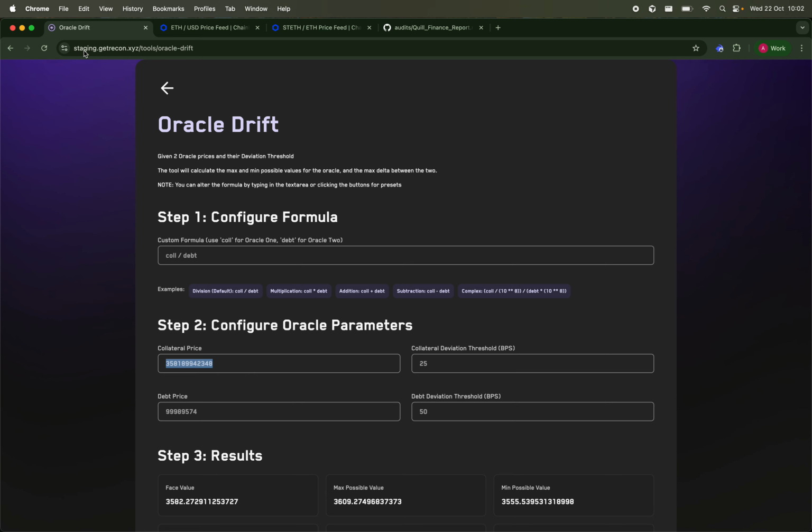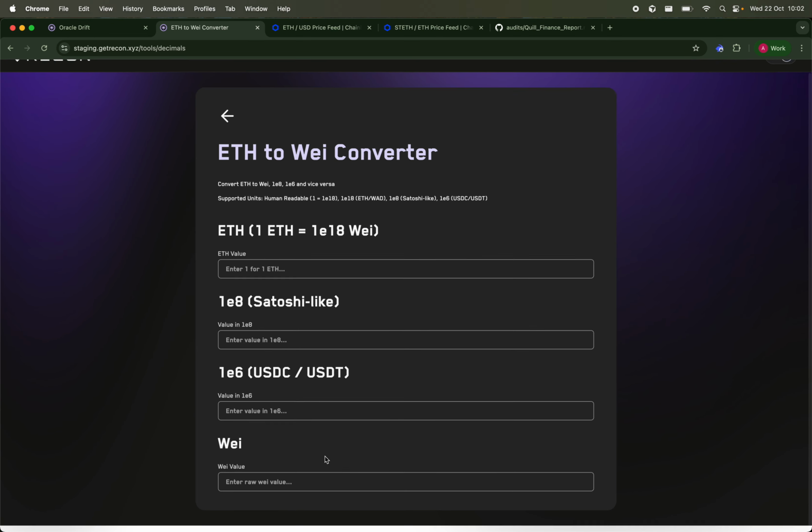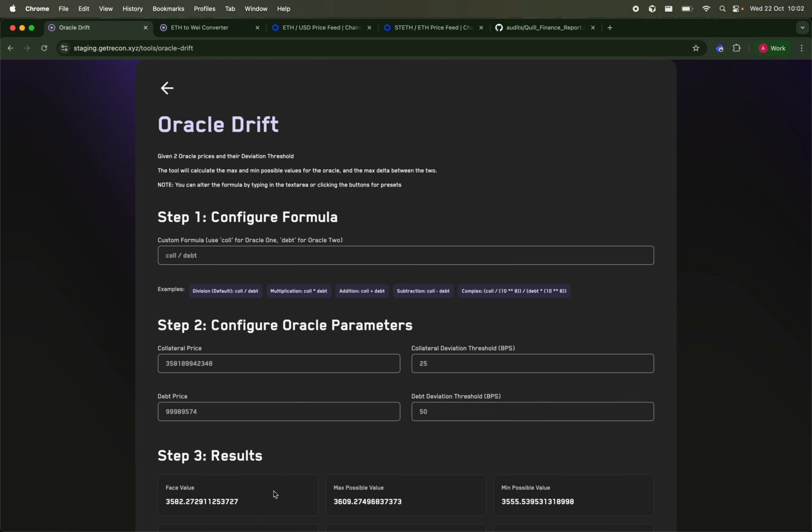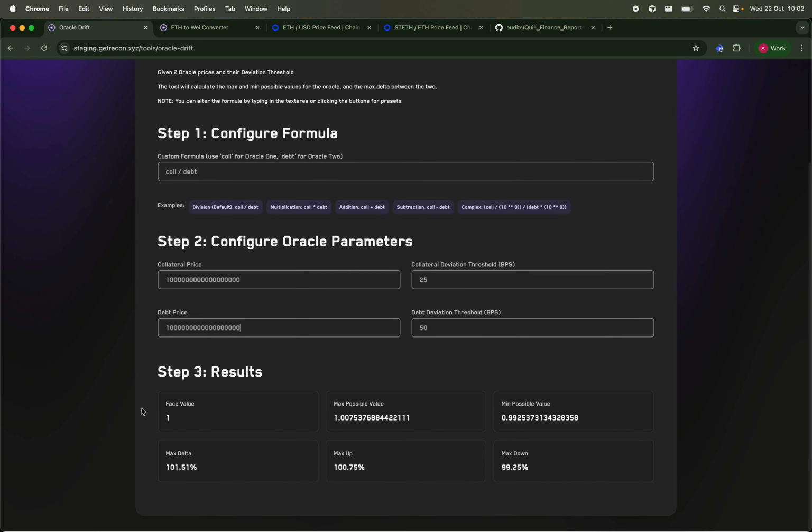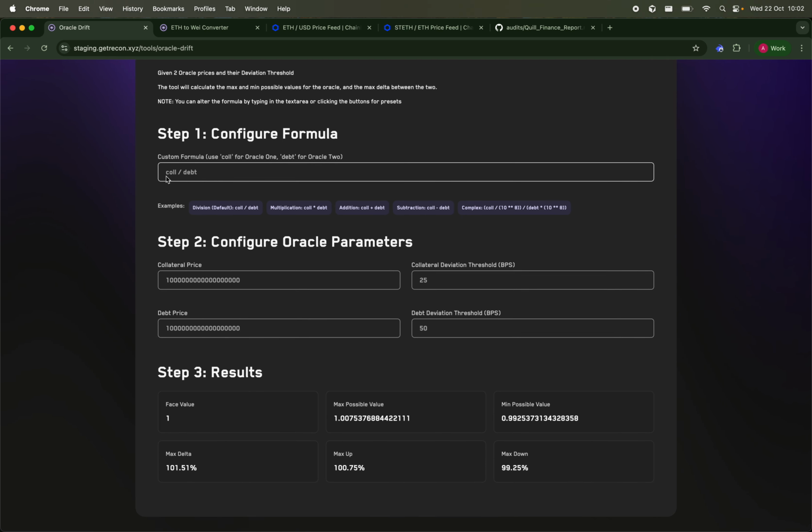So say I'm going to grab my unit converter here. I'm going to get a couple of units of ETH. So the collateral price is 118, the debt price is 118, right? My face value on a collateral over debt math would be 1-to-1. However, in reality, if both oracles have a 50 basis points deviation threshold, then my maximum possible value is actually 1.01 and my minimum possible value is 0.99.